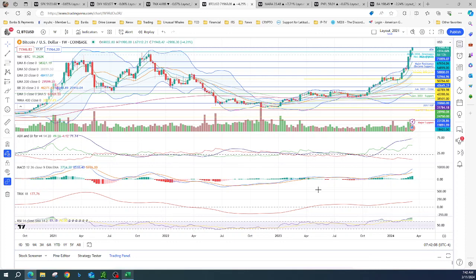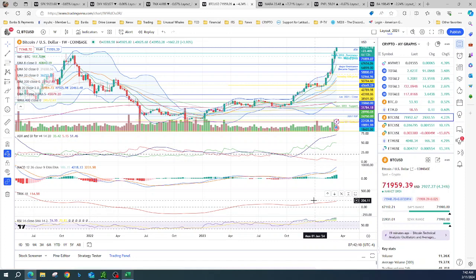So you guys need to understand, we are very close to the end of this 100-year bull market cycle. When this finishes, I really don't know.